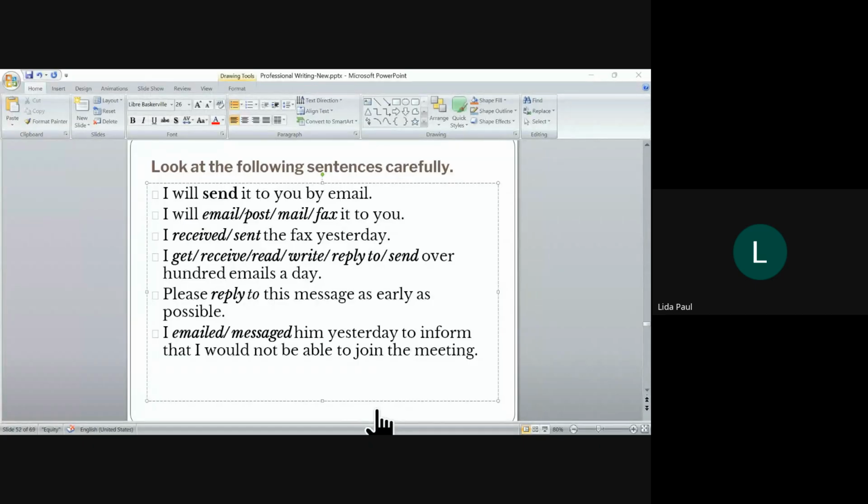So please use this as a model while you're writing. You can also self-evaluate the email that you've written. So please use this as a pointer, or this is a sample for you to judge how you've written your own email, right?